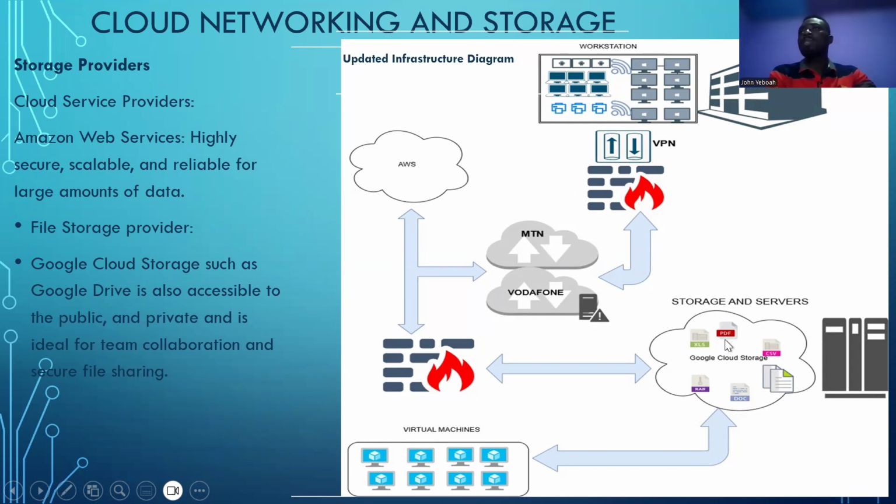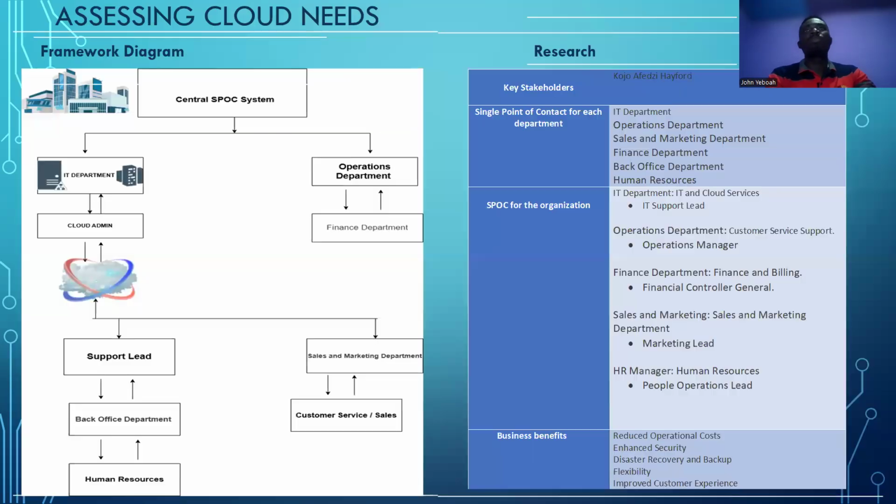We have our software as a service and also our infrastructure as a service, whereby the workstations can connect to the cloud, access software, and also save documents on the cloud as well. We are looking at having the cloud services of Amazon Web Services and also Google Cloud Storage.